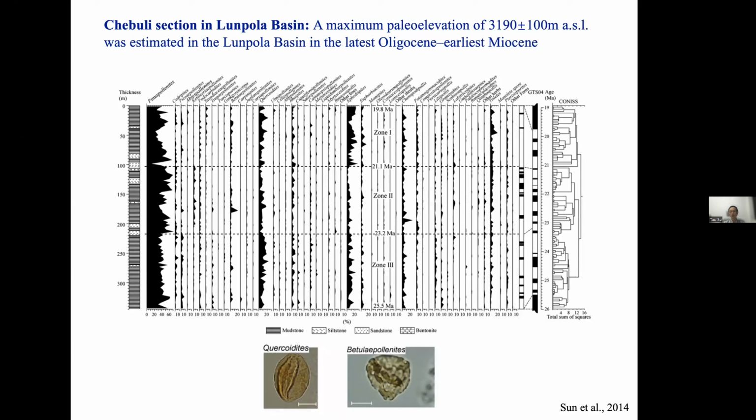It was around 3,000 meters in elevation, and Quercus and Betula were dominant. It means it was getting cooler and cooler from Eocene to Oligocene and then to early Miocene.